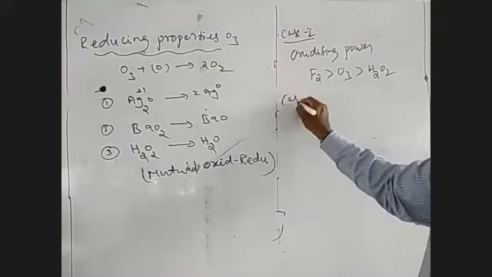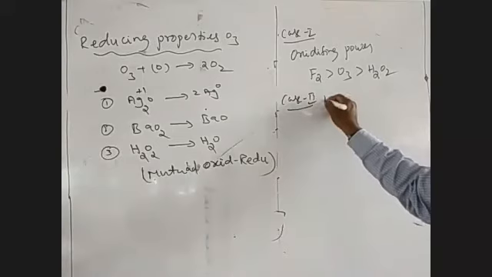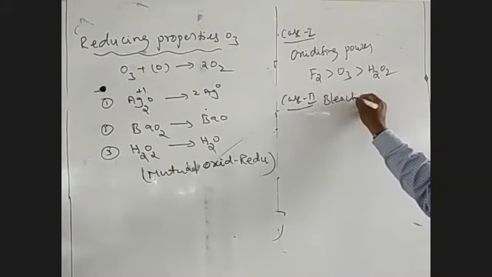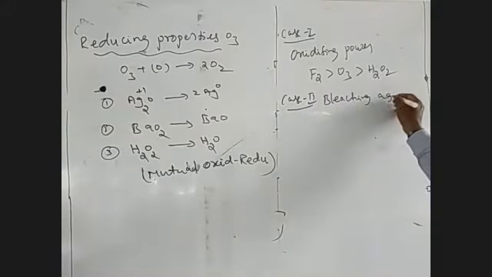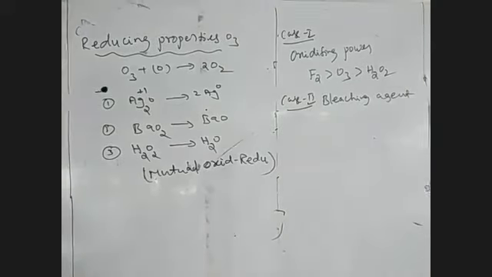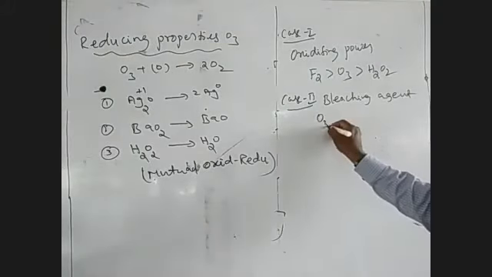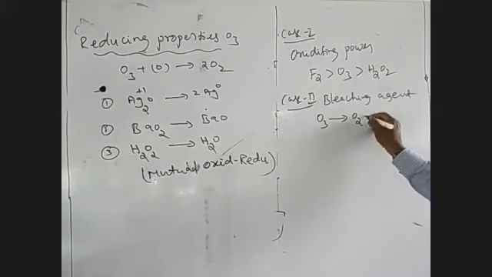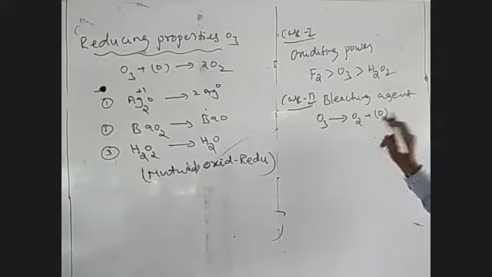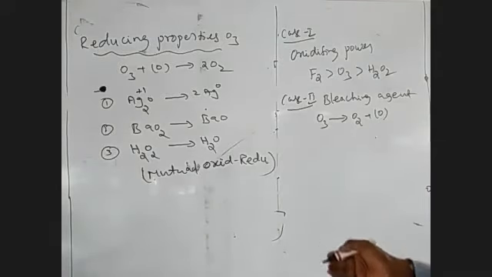O3 also acts as a bleaching agent. The bleaching property of O3 is due to the liberation of nascent oxygen. O3 is converted into O2 plus O. This oxygen is used for bleaching, that means colored vegetable matter changes into colorless vegetable matter.